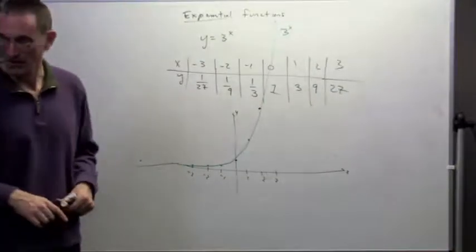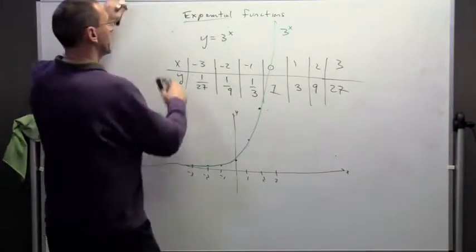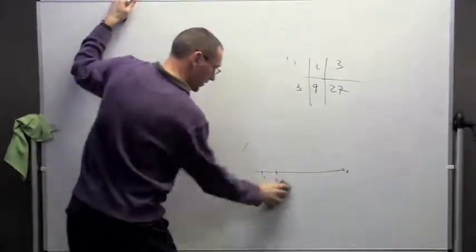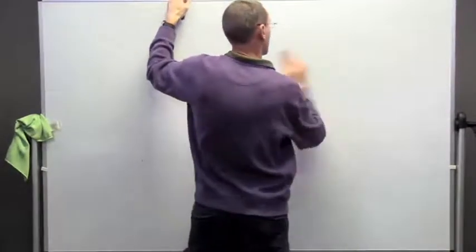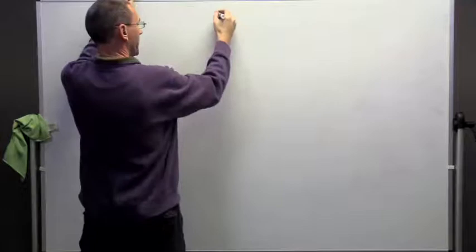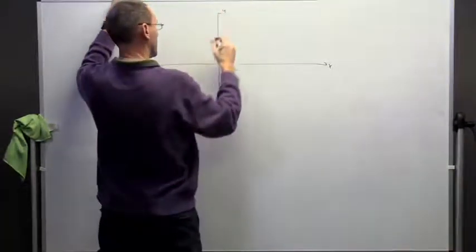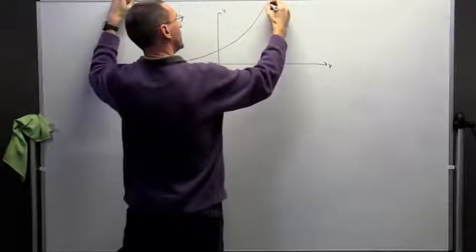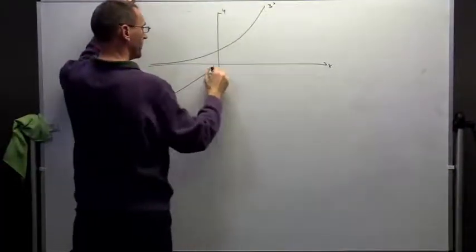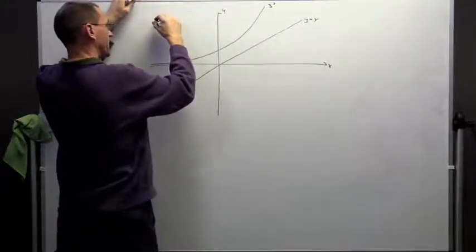Okay. In general, if we compare this to other functions, in terms of polynomials, that function I just did is going to grow faster than any polynomial. Okay, so my 3 to the x, if that looks like that, y equals x is going to look like that.